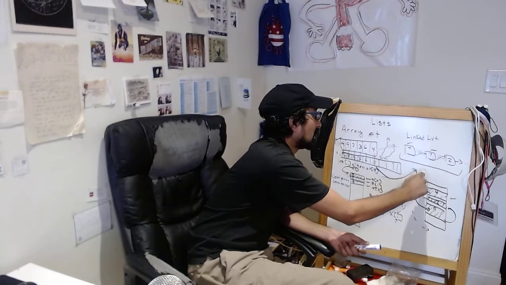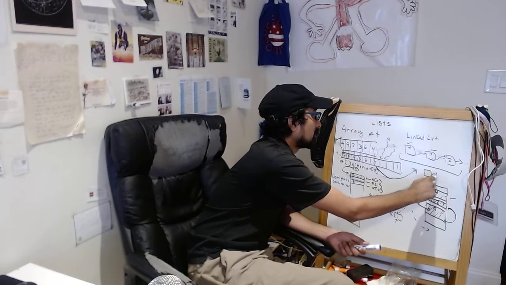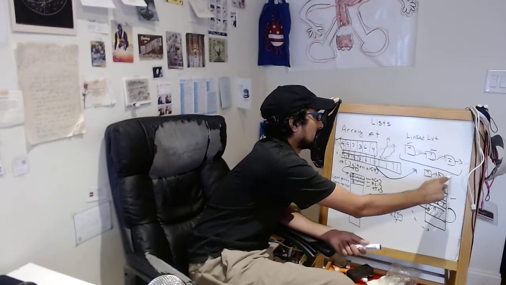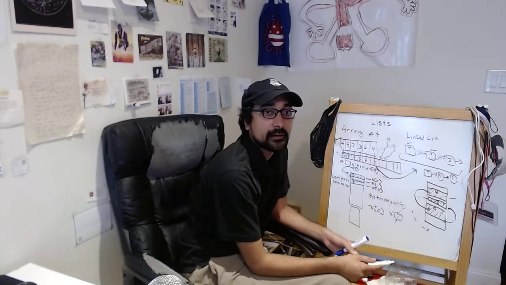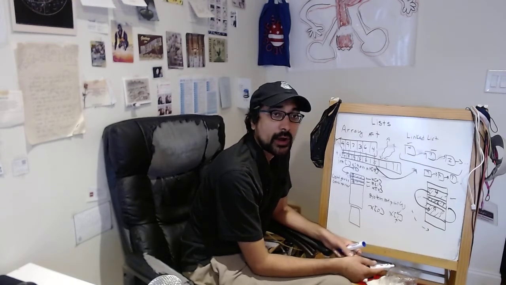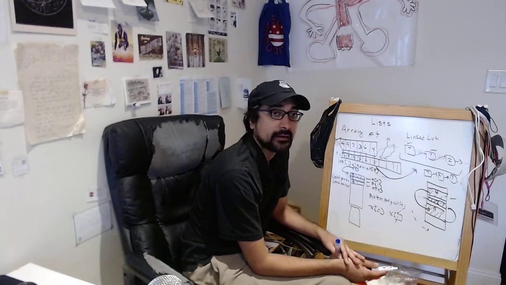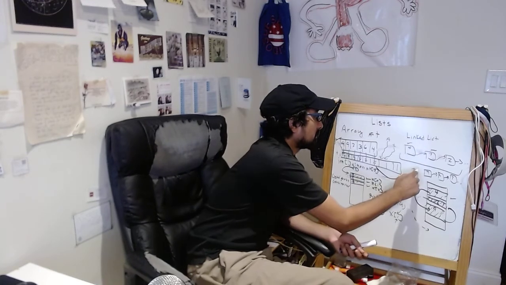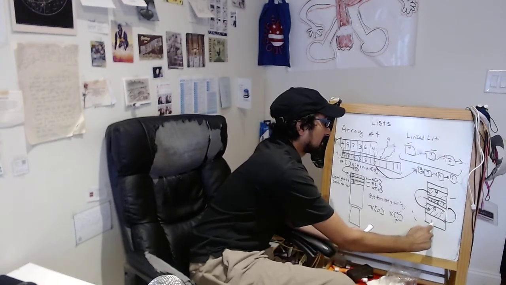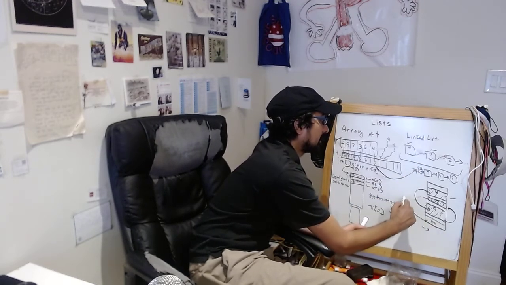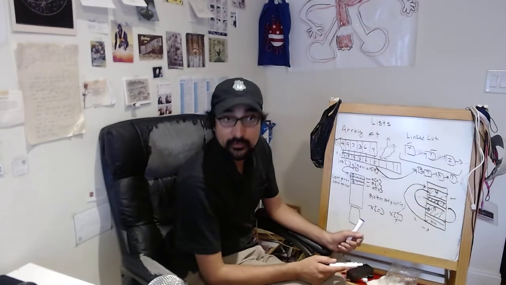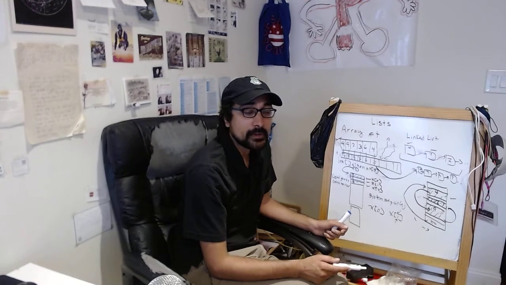So, if we know where it begins and someone says, oh, I want to insert 9 here or 100, you could just insert it here and point it over. So you can insert 100 down here, and now 100 is going to 4, 4 is going to 9, 9 is going to 2, and we're copacetic, okay?